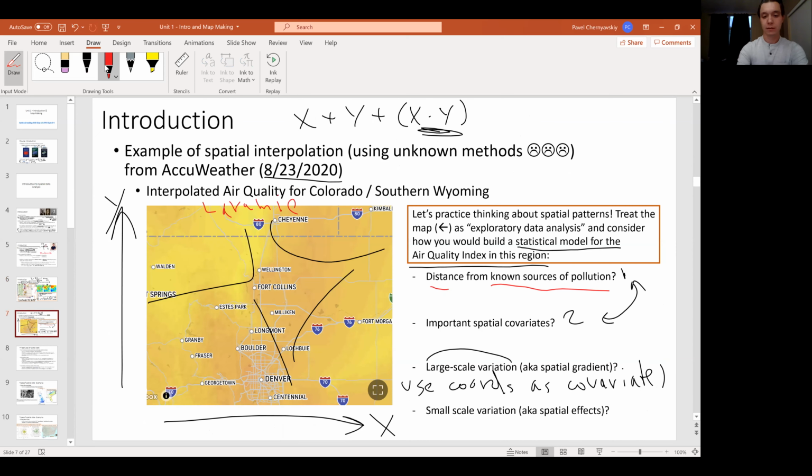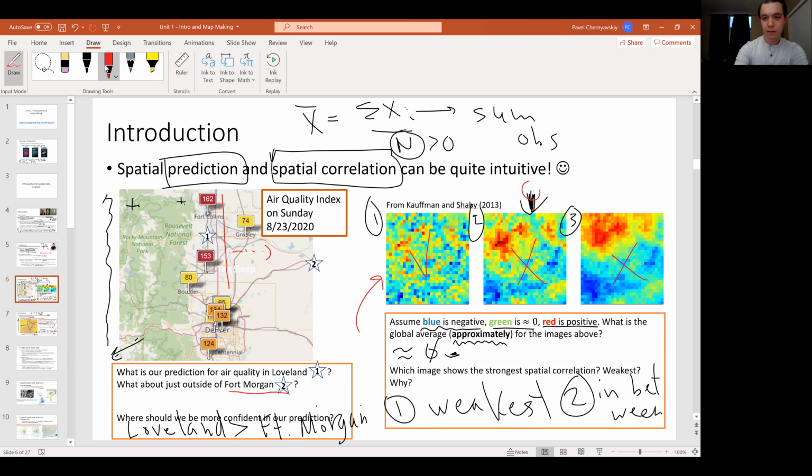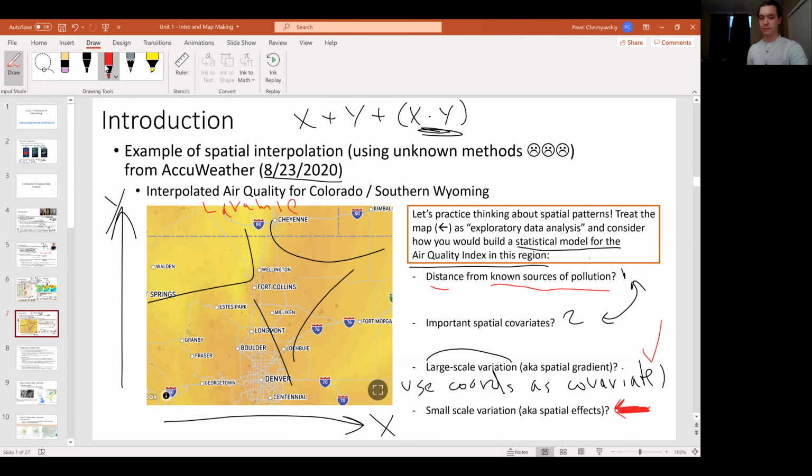So while including the coordinates as your covariates, maybe along with elevation and distance from known wildfires, might be a pretty good starting strategy, I bet there would be some small scale variation left over that might look like this middle panel. And that is where spatial models come in. That is one example of where spatial models come in.